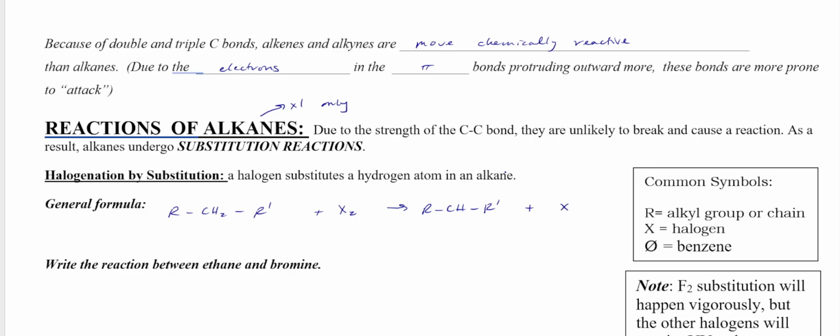But what we will draw instead now is we will show where the substitution happened. So one of the H's came off, one of the X's went on, the H that came off joined the X right here. And so what I would put in black underneath is just the names. This is an alkane, this is a halogen, this is an organic halide, and this is a hydrogen halide.